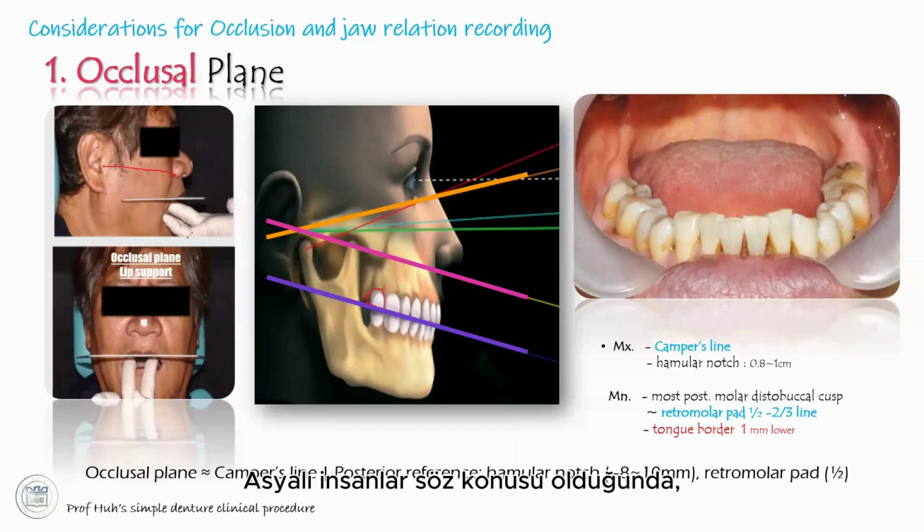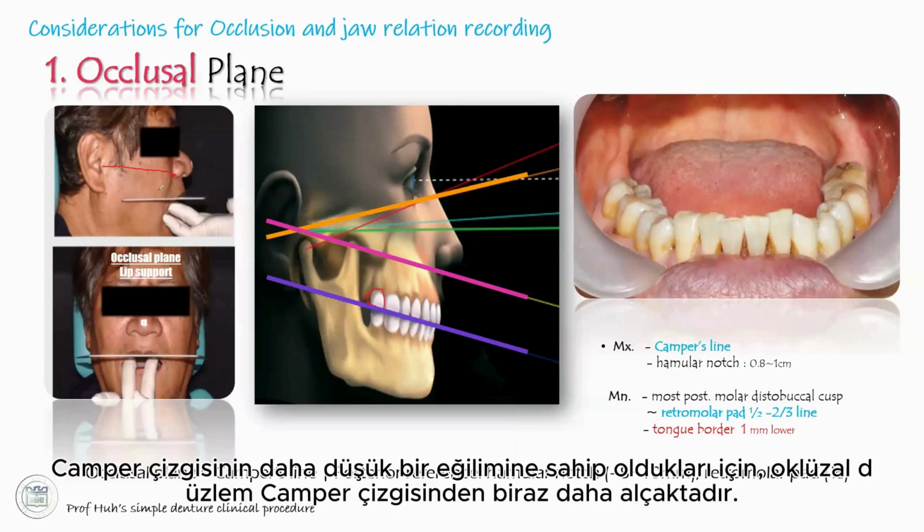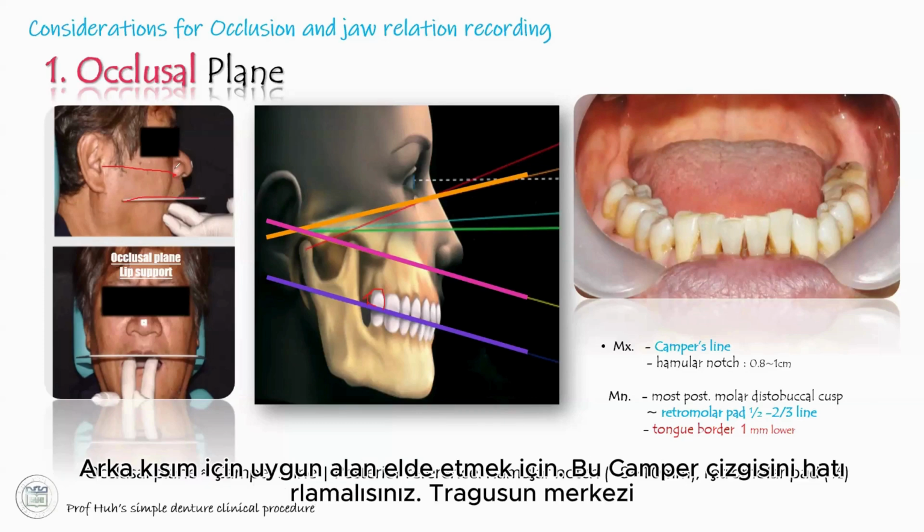In the case of Asian people, because they have a lower inclination of Camper's line, the occlusal plane is a little bit lower than Camper's line, to obtain proper space in the posterior part. Anyway, you have to remember this Camper's line.